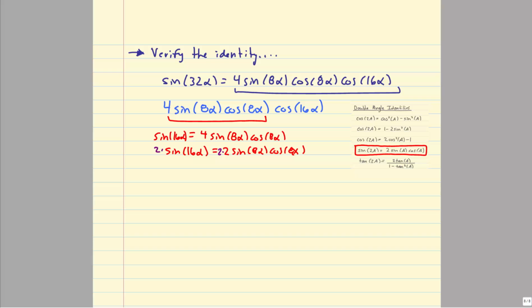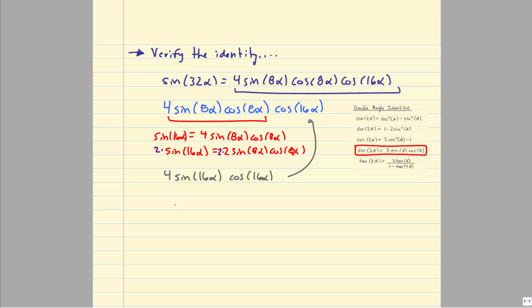So I'd end up with 4 sine 8 alpha cosine 8 alpha is equal to 2 sine 16 alpha. So this entire expression up here simplifies to 4 sine 16 alpha, and then of course I have this cosine 16 alpha on the end. I'm going to do the exact same thing again.